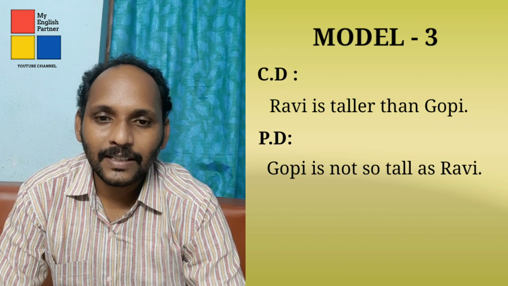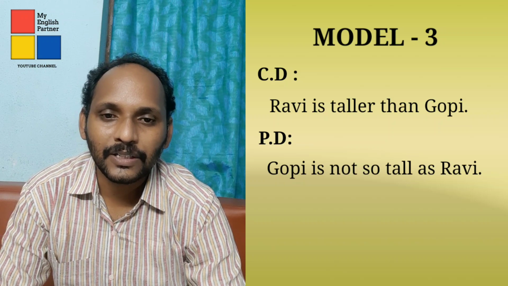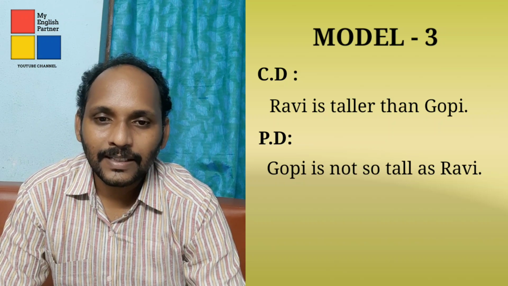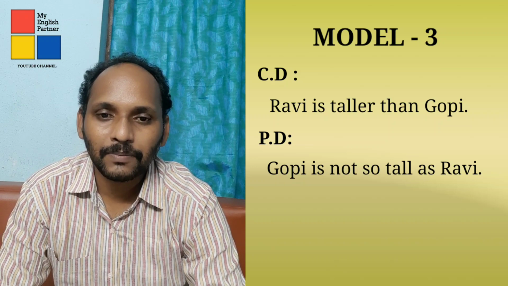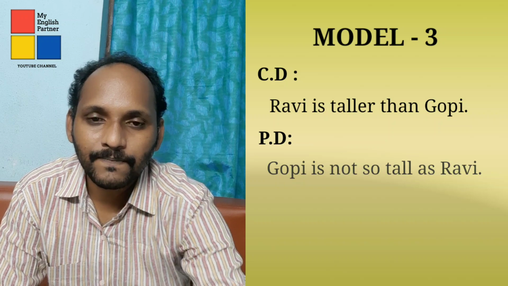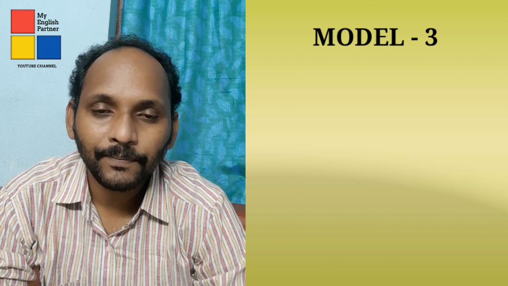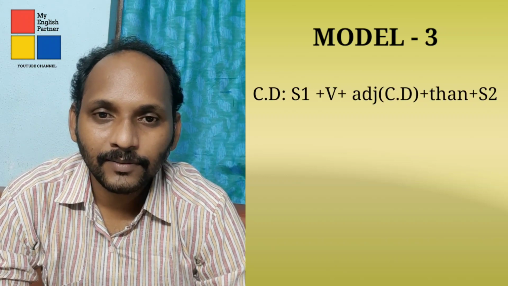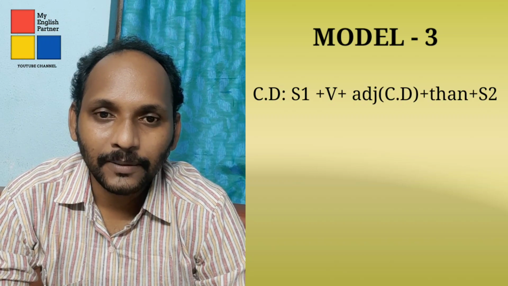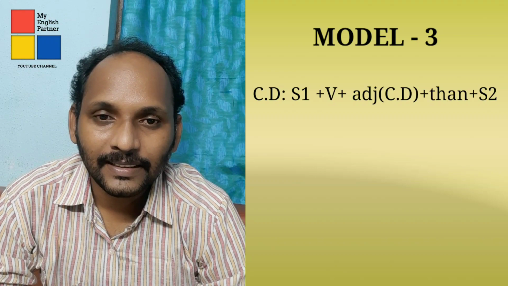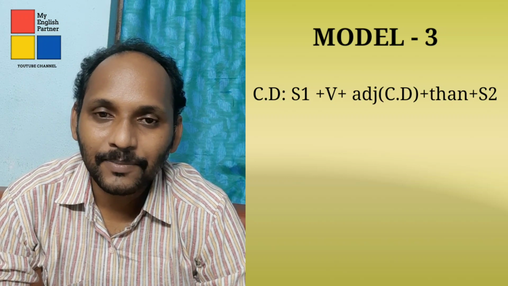When the given sentence is in positive degree, we have to transform it into a negative one. When the sentence is given in negative form, the answer must be in positive. The structures of the sentence in this model are: for comparative degree, it begins with subject 1, verb, adjective form, then "than," and subject 2.